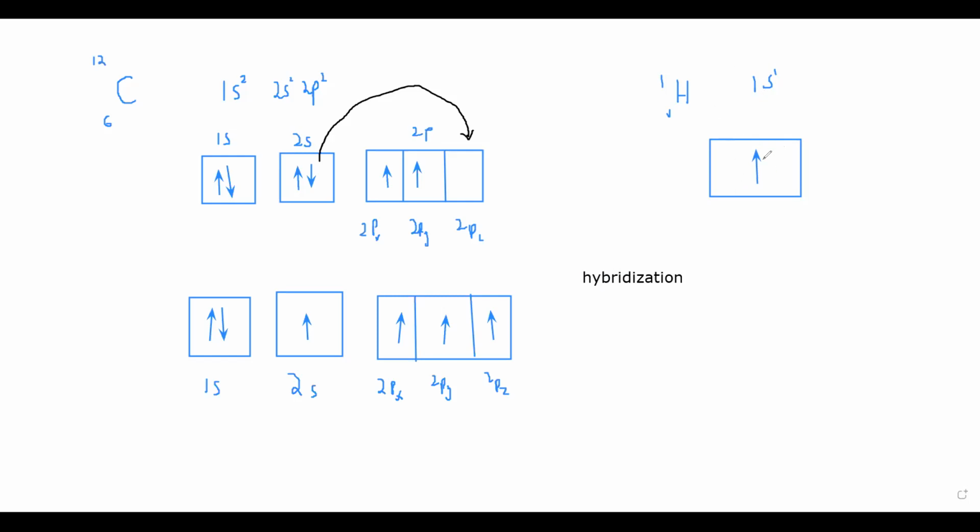So hydrogen has 1s available, but carbon has 2s, 2px, 2py, and 2pz available. So for example, if we explain how a bond is formed in an alkene such as ethene, where there's a double bond, in terms of hybridization or overlapping of the orbitals, how can we explain this?